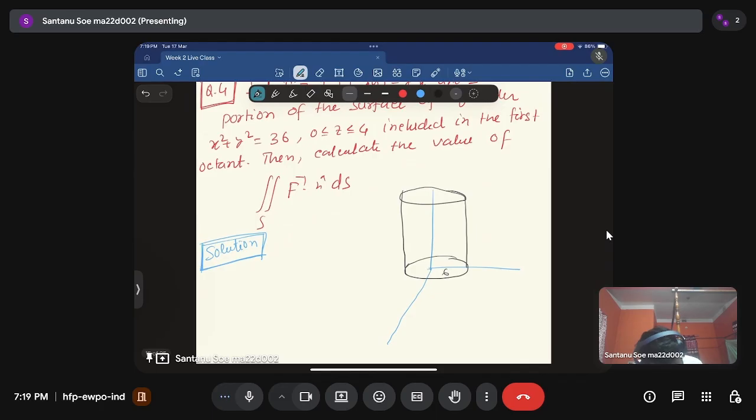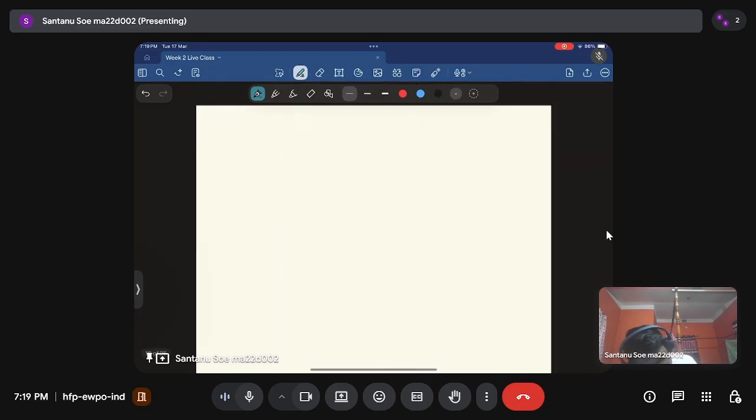So our f(x,y,z) is x square plus y square minus 36. So our n cap will be (2x i cap plus 2y j cap) divided by the square root of 4x square plus 4y square, and this is same as (2x i cap plus 2y j cap) divided by square root of 4 into 36.